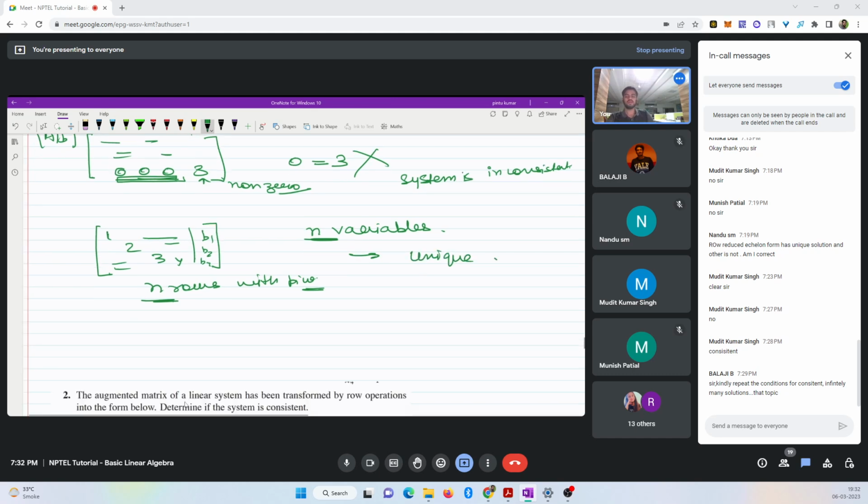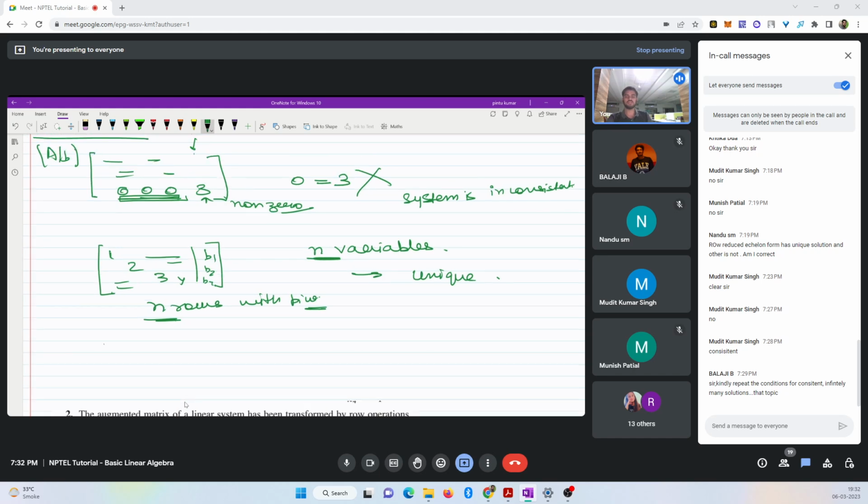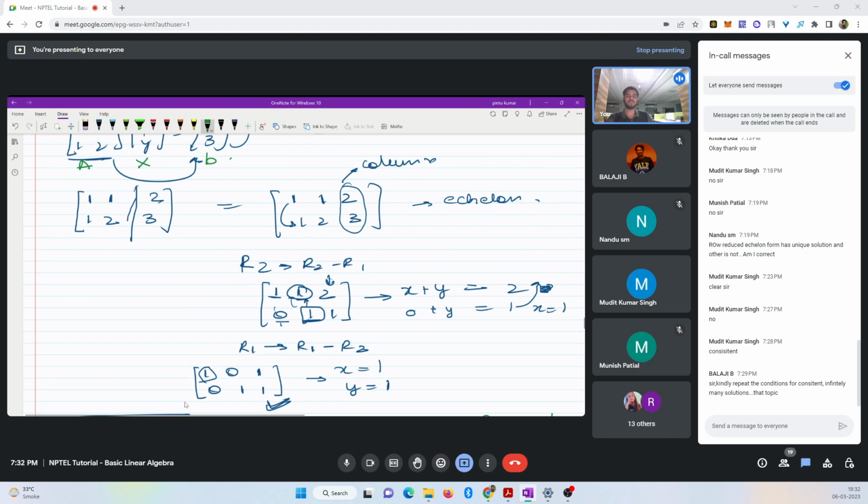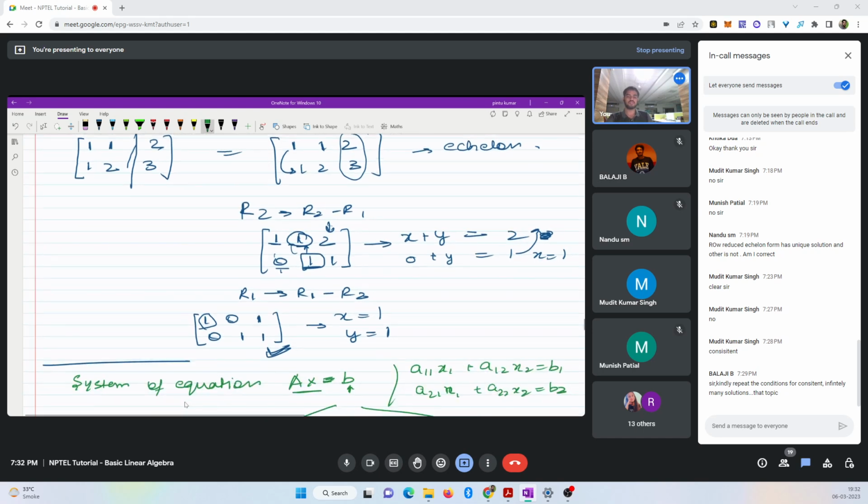For example, in our first case, when we solved this one, there were two variables x and y, and we had two pivot elements, 1 and 1. In that case, we had a unique solution that x is equal to 1 and y is equal to 1.